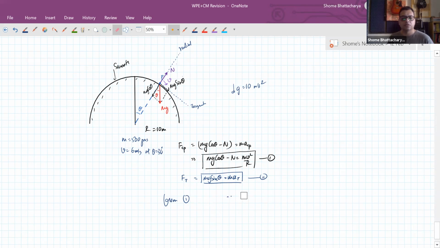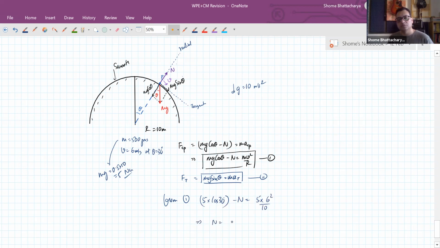So the weight is 5 newtons. So 5 into cos 30 degrees minus N should become equal to 5 into v, which is 6, squared, divided by r, which is 10.